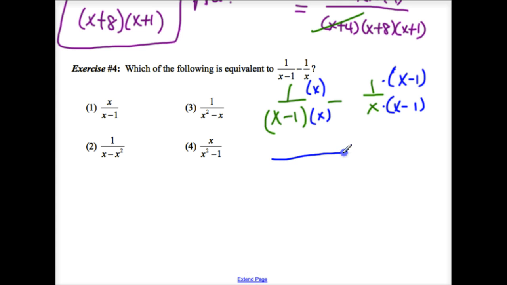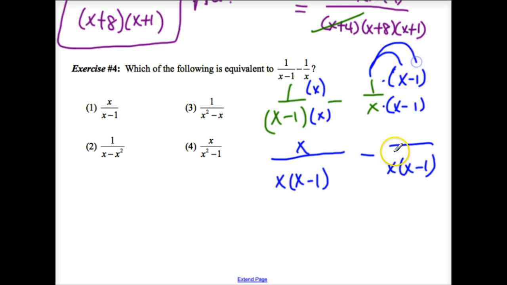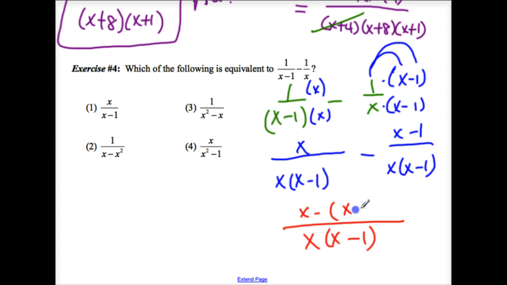The bottom becomes x minus 1, or you can write it out if you want to. It doesn't really matter. Here becomes x or 1x, and then here I'll distribute the 1, so it becomes x minus 1. Now that I have a common denominator, I can write this as x minus parentheses x minus 1.